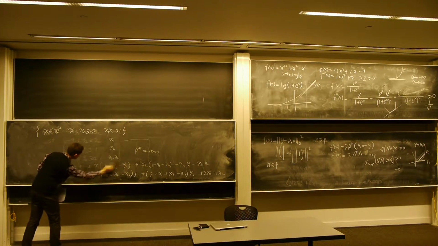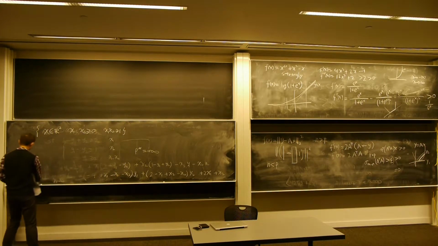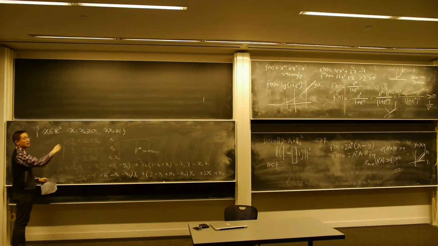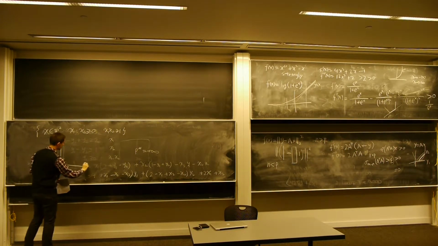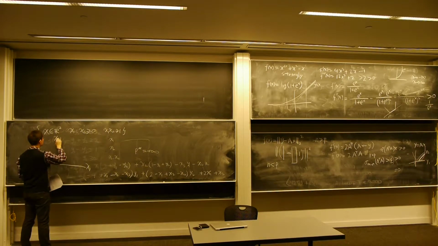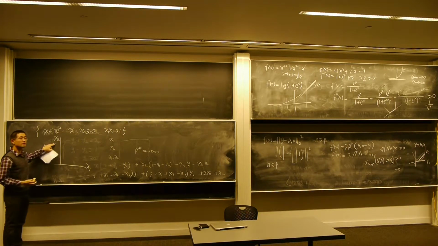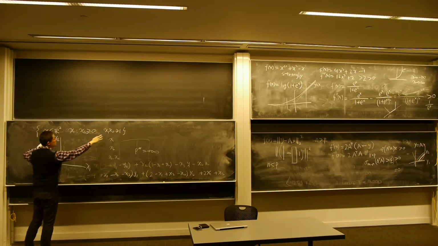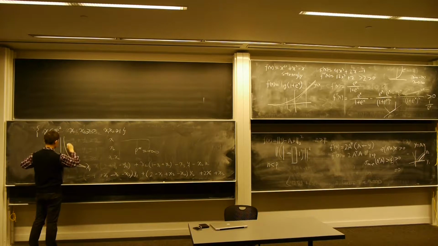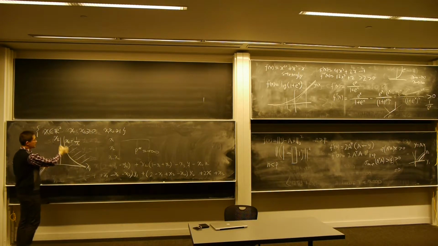My first step towards this question was to draw a picture. On one axis you have x1, on the other axis you have x2. What this says is x1 times x2 is greater than 1. So if you take the curve x2 equals 1 over x1, the set is this shaded area.